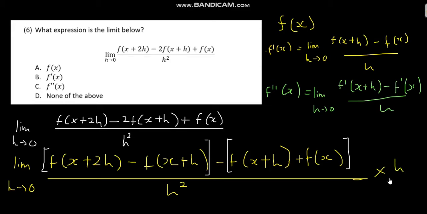When I multiply by h, this h can take away the squared, so the squared is now gone. This h squared will be gone, so then you have just divided by h. Now let's see what happens.